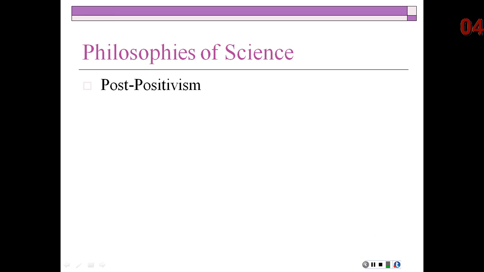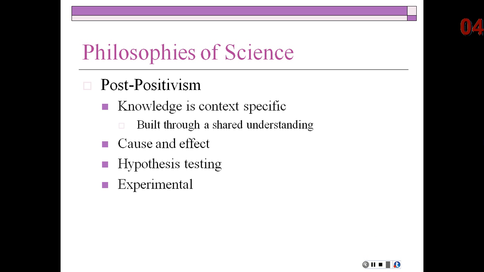Now, more recent philosophies of science include postpositivism. Now, postpositivism is very closely related to positivism. The major difference in postpositivism is that researchers who adopt this philosophy of science, and you will find community psychologists who do adopt this philosophy of science.